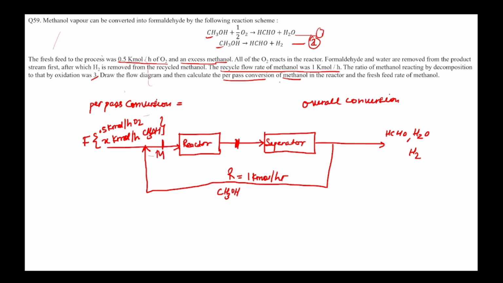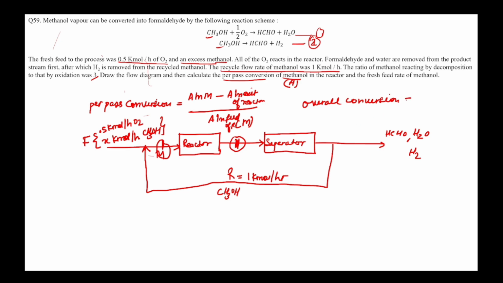Suppose the limiting reactant is A, so methanol is A. So A in M minus A in the exit of the reactor, this stream, divided by A in the feed of the reactor, that is M. The feed of the reactor is this stream, that is M. Okay.